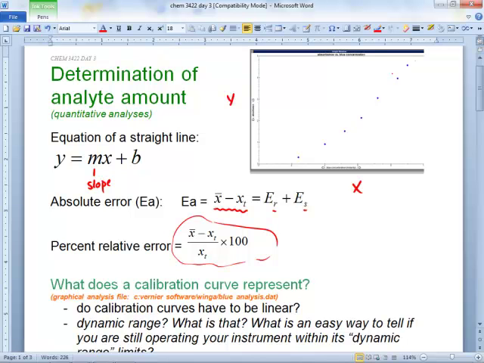So which one would be easier to make? If you're the dude making these curves, a linear or a nonlinear calibration curve? Linear one, most definitely. Look at all the points you need. If you didn't have that many points, you couldn't even tell that had a curve. So nonlinear is a heck of a lot of work, right? Okay. Dynamic range.